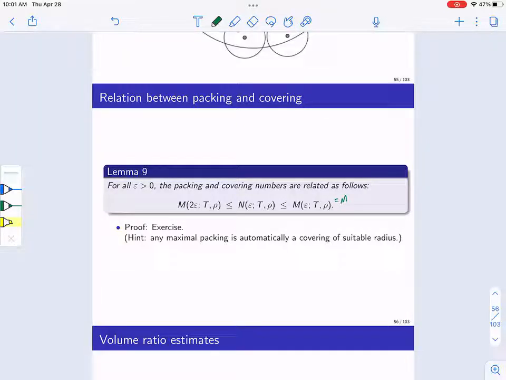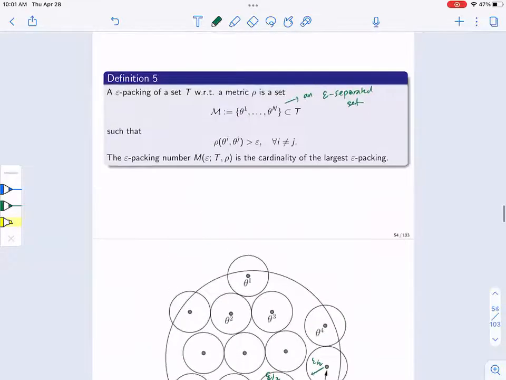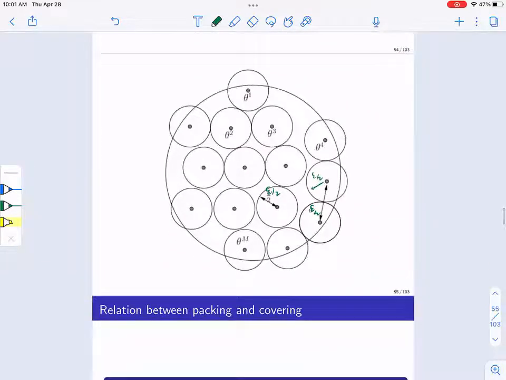Is this a covering? Let's say it's maximal. If I have balls of radius epsilon over 2, they're not going to touch. How about if I put a ball of radius epsilon? Is it going to cover the set?